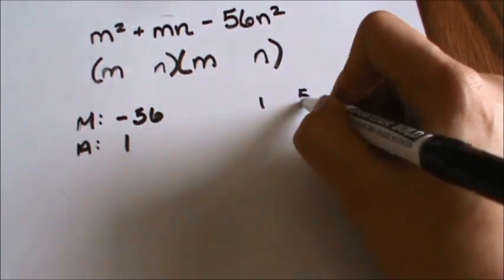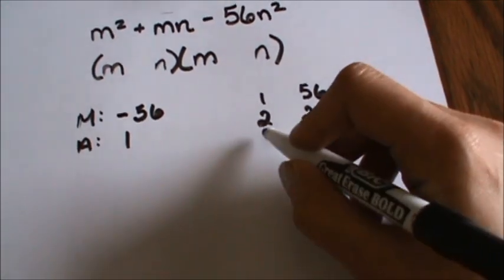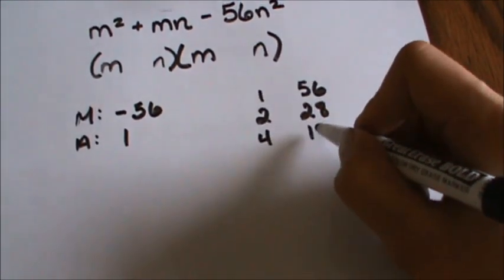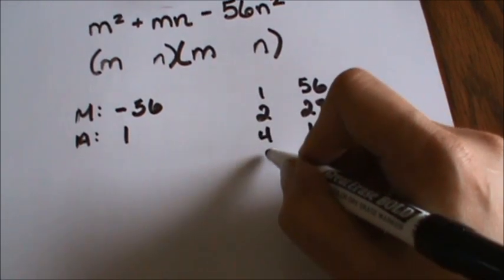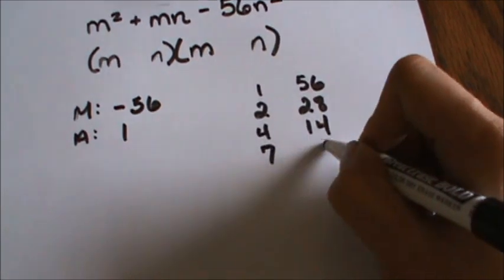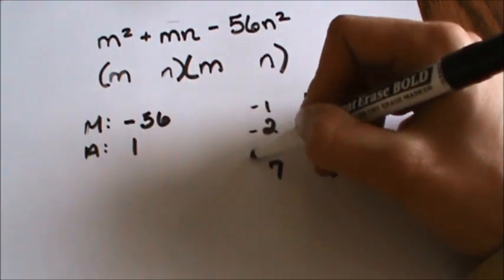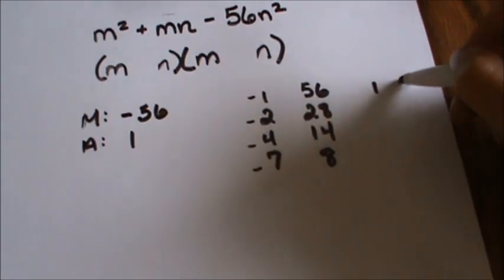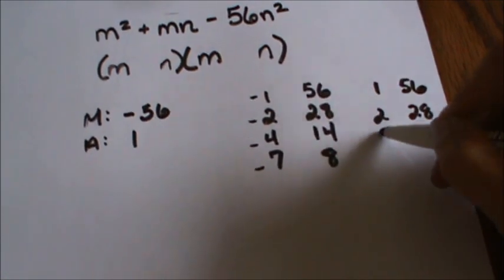So let's consider our factors of 56. We have 1 and 56, 2 and 28, no 3, 4 and 14, 7 and 8. Now I'm looking at negative 56, so I need to make all of these guys negative, but then write their pairs over here.